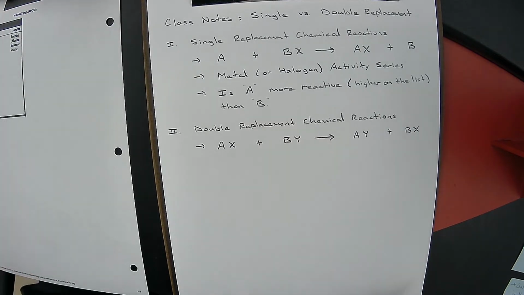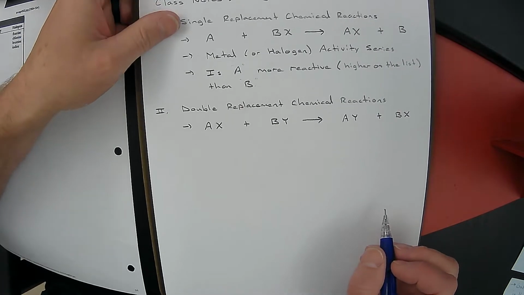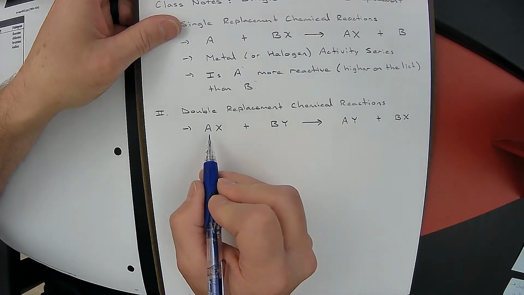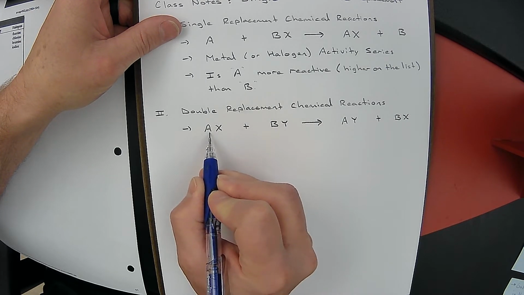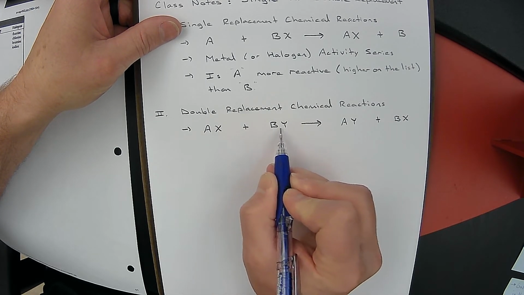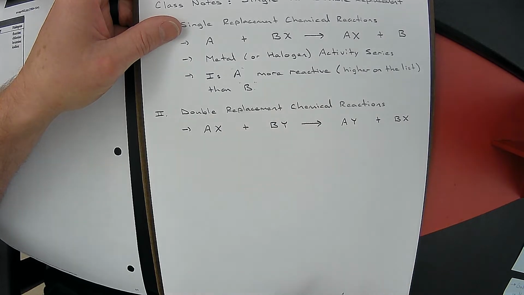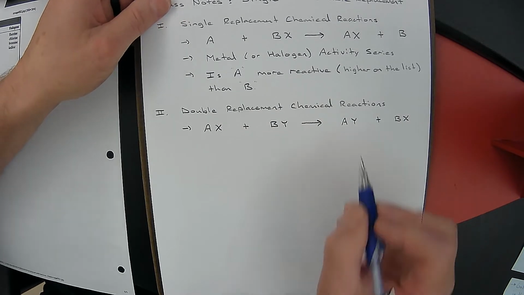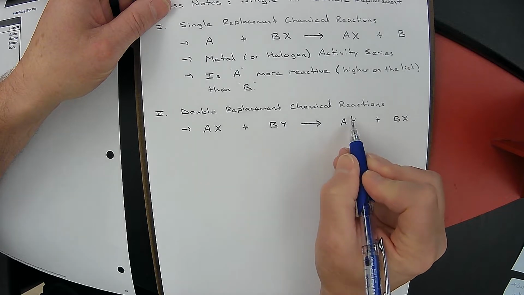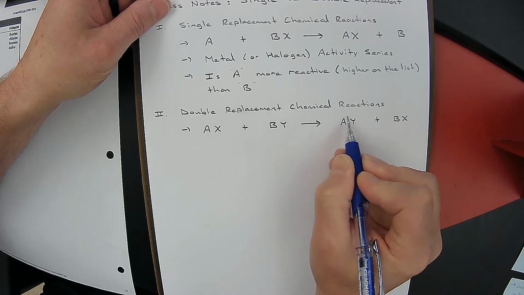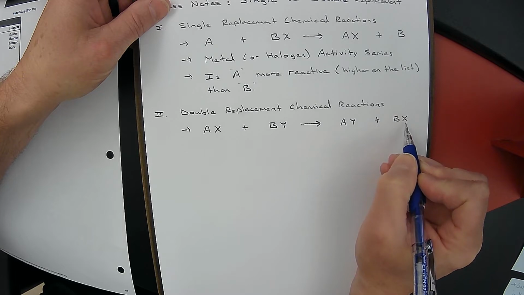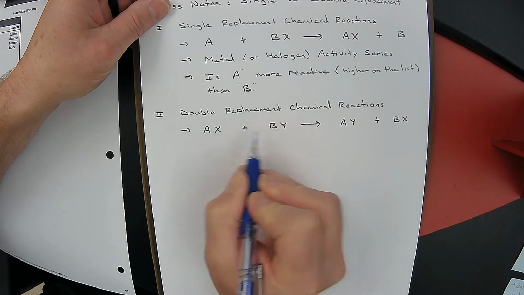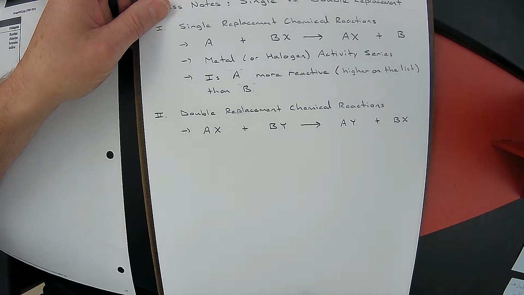And the idea of double replacement reactions is there is a certain strength in the connection of A and X and a certain strength in the connection of B and Y. We want to find out if either of these connections, the one between A and Y or the one between B and X, is stronger than either of these two connections.